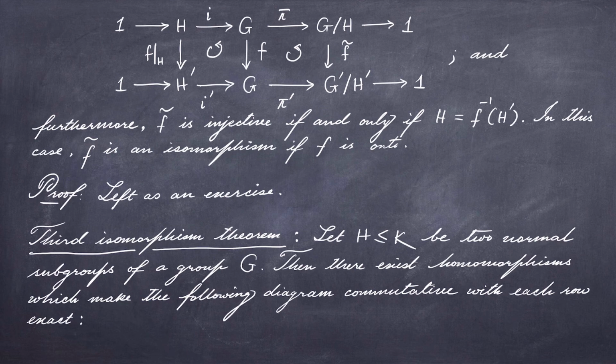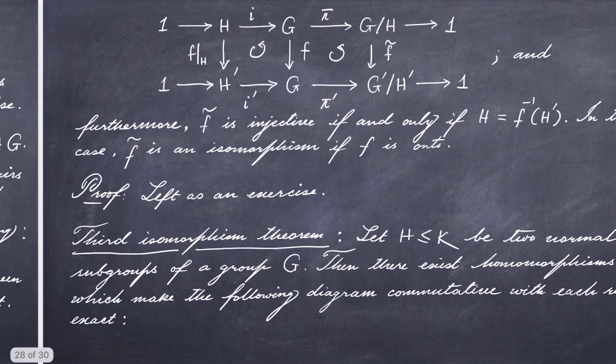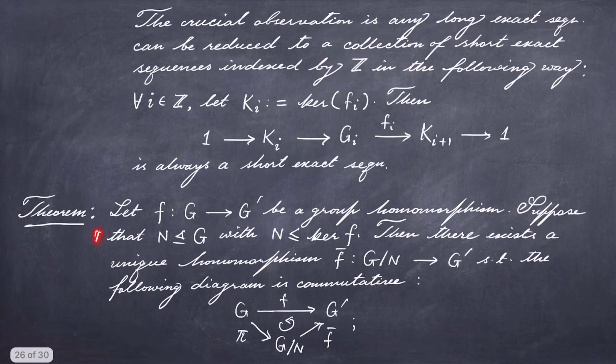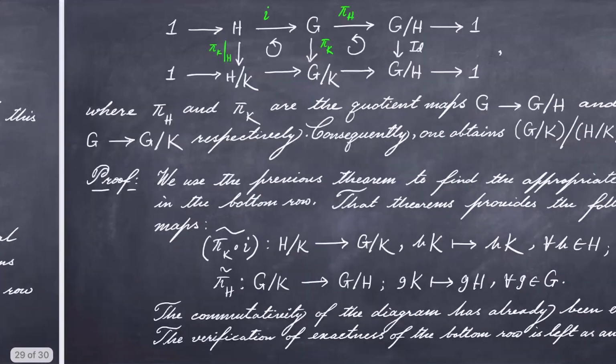Furthermore, this F tilde is injective if and only if H equals F inverse of H prime. And in this case, F tilde becomes an isomorphism if F is onto. This is an easy corollary of this, so I leave it to you as an exercise.